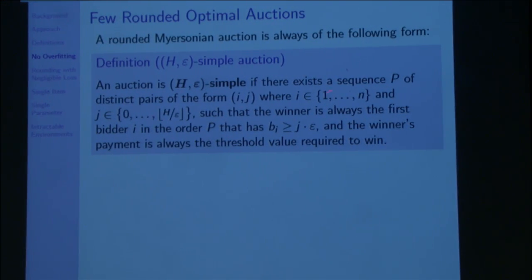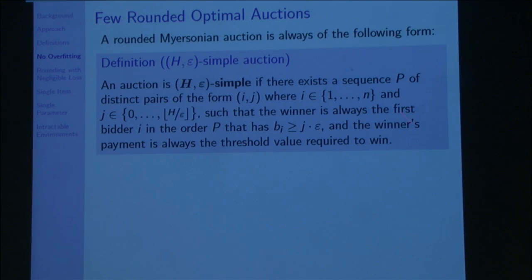That's going to be the next one in this sequence, etc. At a certain point, virtual valuations on bids become negative. We said that for Myerson-Brownian auctions, if everyone has negative virtual valuations, no one gets the item. That's where we stop. So every rounded Myerson-Brownian auction looks like this.